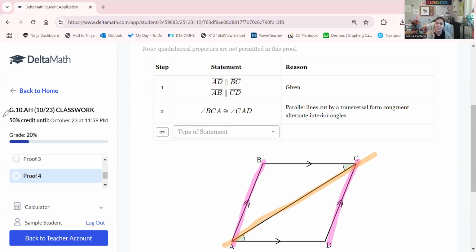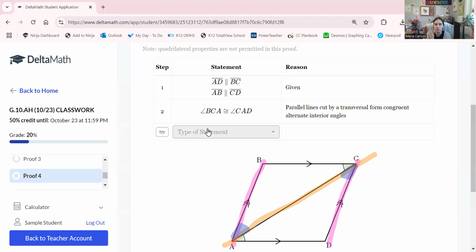The alternate interior angles that are formed are in towards the shape. So that would be angle BAC and angle DCA. These alternate interior angles are congruent.